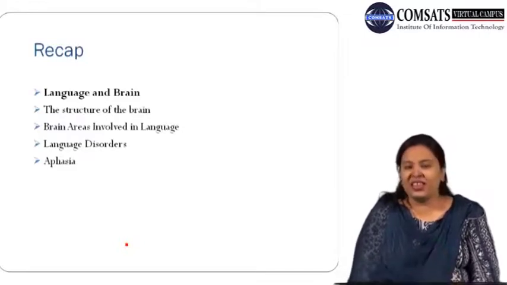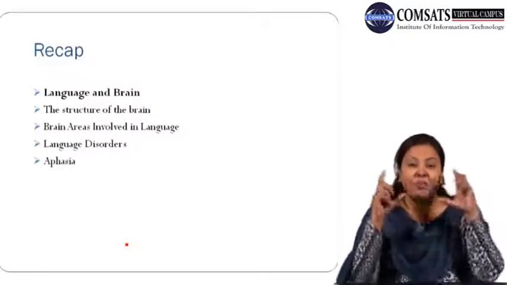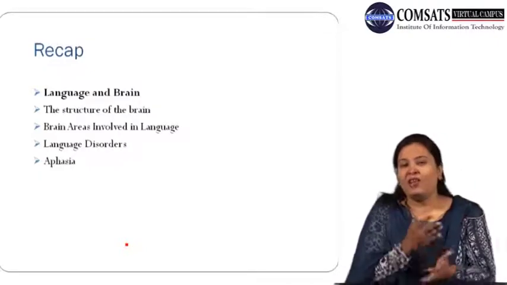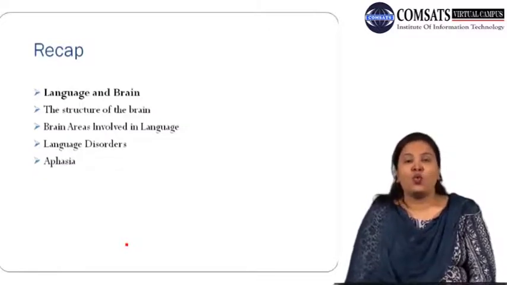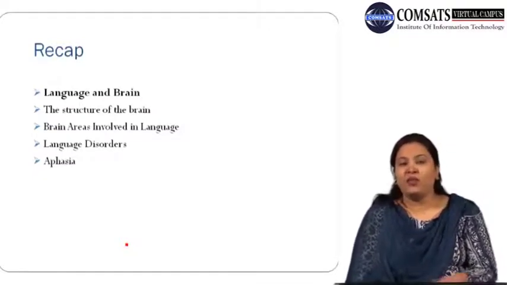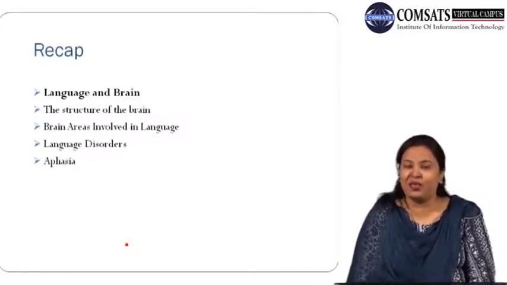I hope that today's lecture was very interesting in helping you understand language in a better, scientific way, and how the brain is involved with respect to language. What are the different organs of the brain which help us to acquire language, to produce language, to understand language, and to receive language.